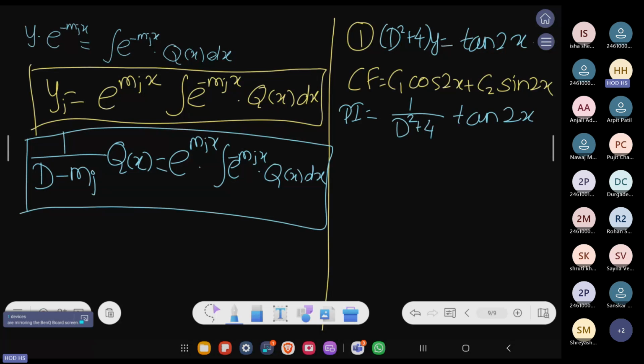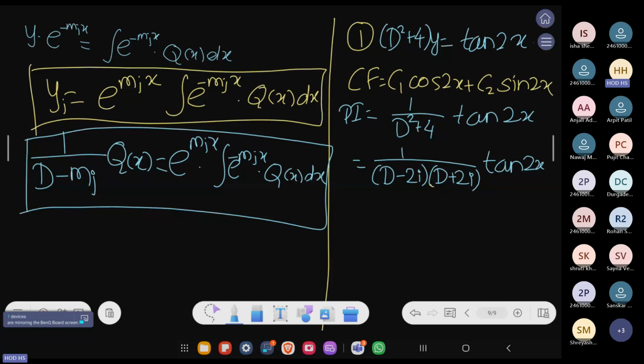I will factorize this as D minus 2i and D plus 2i, so 1 upon D minus 2i into D plus 2i of tan 2x. That's what I have to get. Again, I can't focus on this smaller version directly. Even if I integrate tan 2x directly using the previous rules, I again need to integrate the bigger quantity, and it will be some long expression.